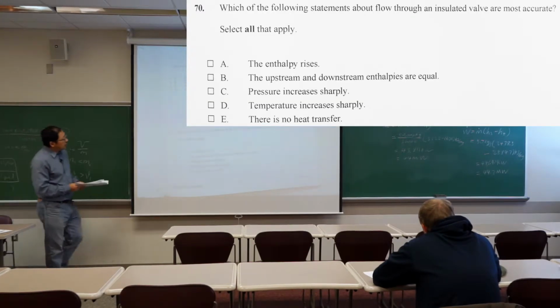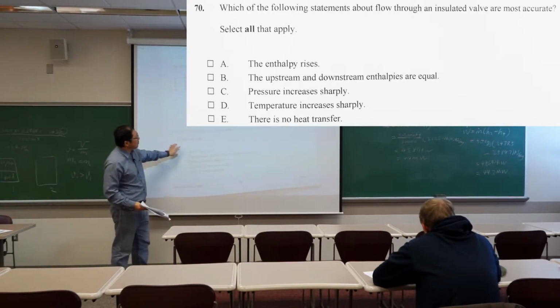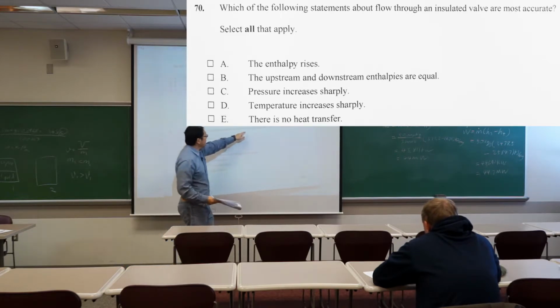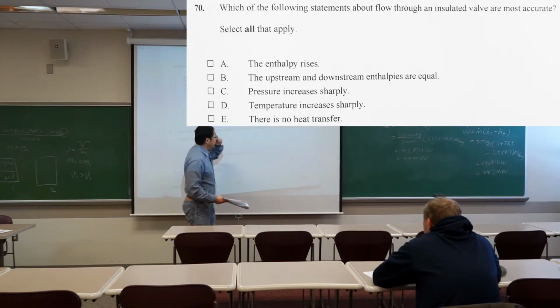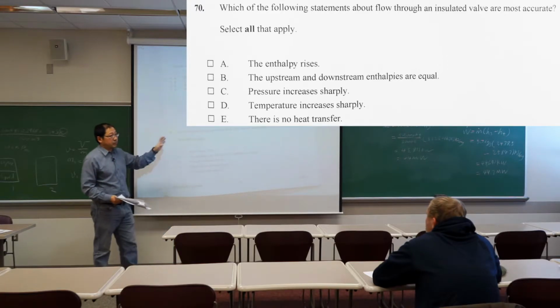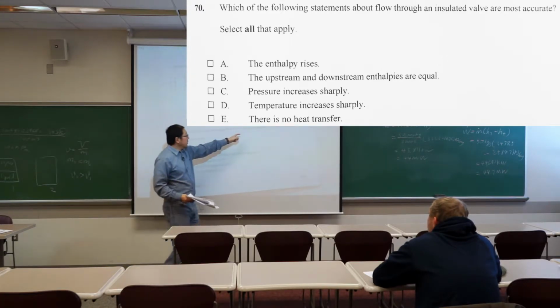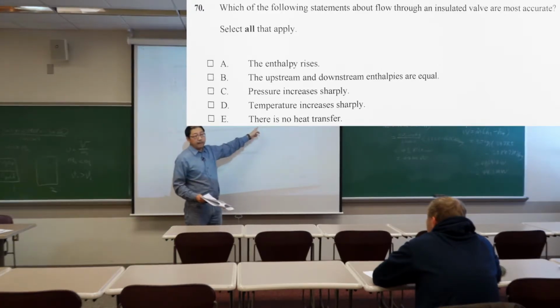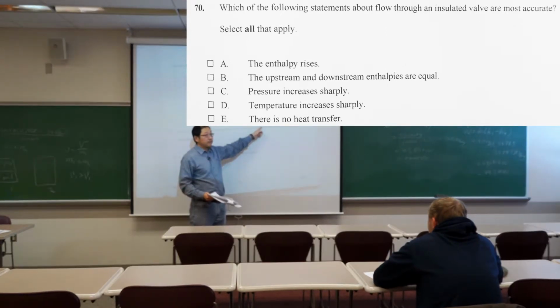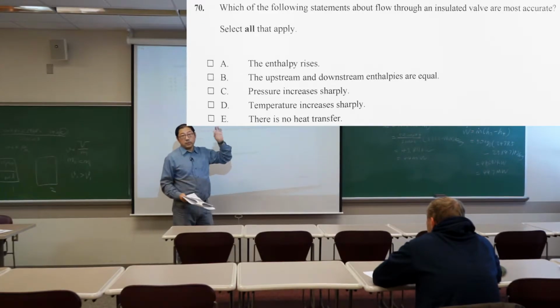'70 is asking which statement is true, and this is asking about the insulated valve. You have an insulated valve, the fluid just goes through it. What's the meaning of insulated? No heat transfer from the outside system. Q equals 0.